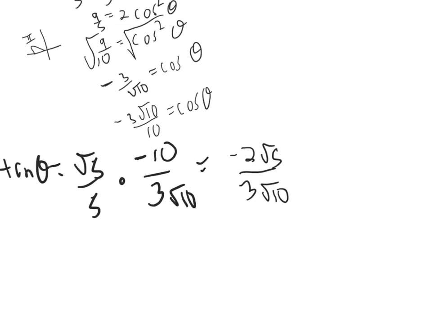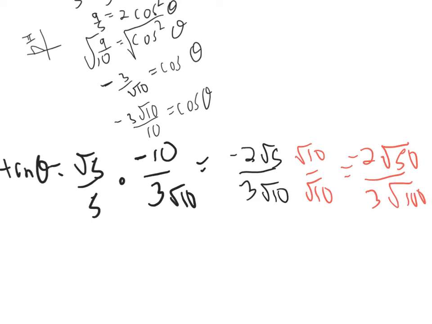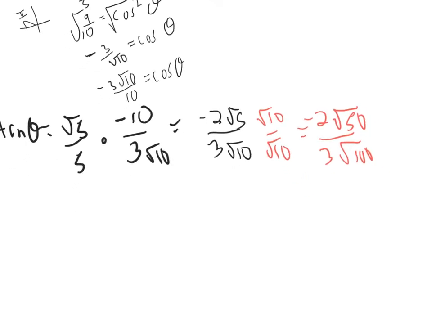Rationalize the denominator, multiply by square root of 10 over square root of 10. That gives me negative 2 square roots of 50 over 3 square root of 100, which obviously turns back into a 10.